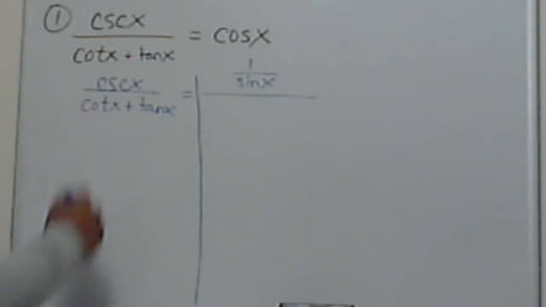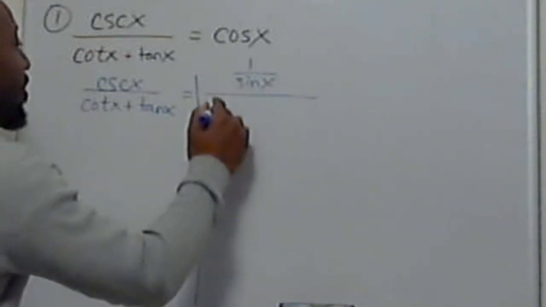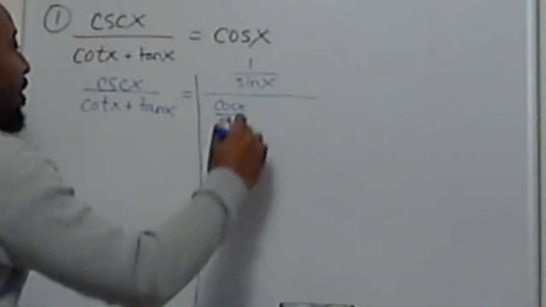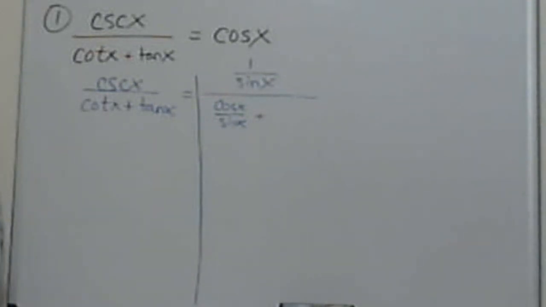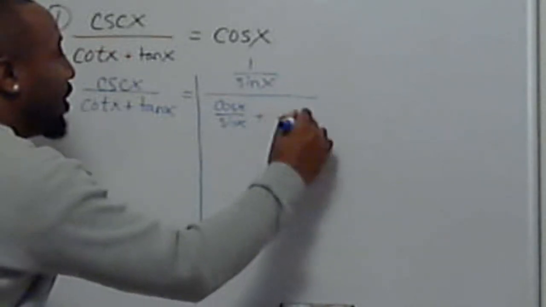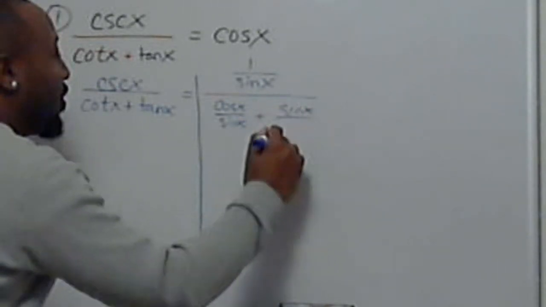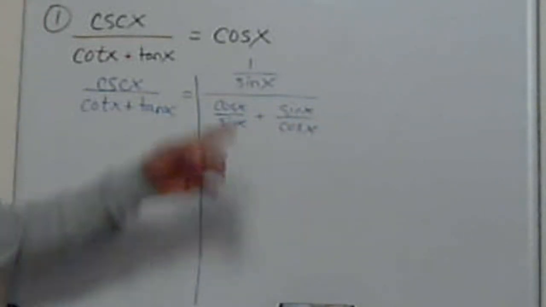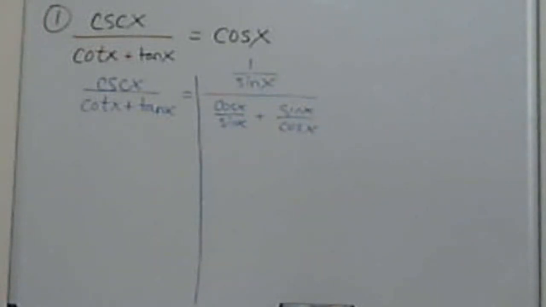And then cotangent x is the same as cosine x over sine x, plus tangent x, which is the same as sine x over cosine x. So there's our first step in the problem.